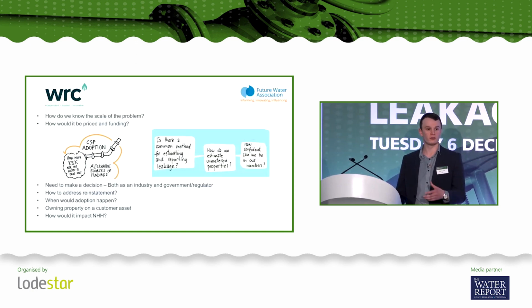Because currently there's a lot of uncertainty that's impeding people acting. Nobody knows if in 10 years' time we will decide to adopt, or what policies will be in place, or if it's possible to hit our leakage targets with the current policies. So that was a key area of uncertainty that people felt in the workshop we should address.